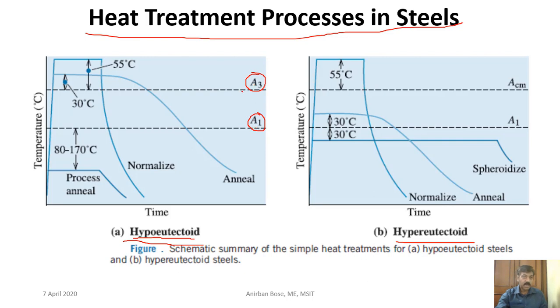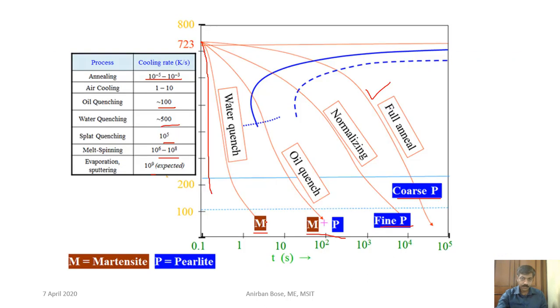Now see, for the full annealing, you have to maintain 30 degrees centigrade above the upper critical temperature. So initially you have to heat it up to 30 degrees centigrade more than the upper critical temperature. So what you have to do?